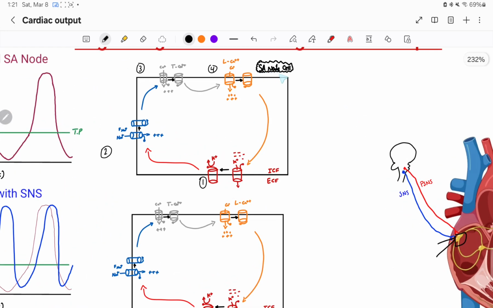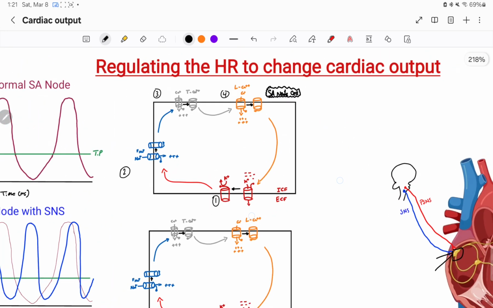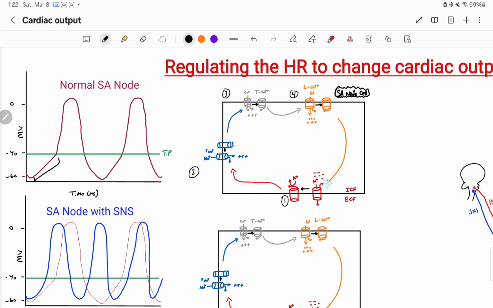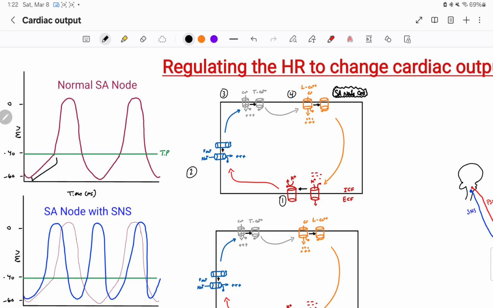So here is an SA nodal cell, just as a brief overview for you guys. We started out right over here in this pacemaker potential or slow diastolic depolarization, and we went from somewhere around -60 to about -55, and then all the way up to -40, which was our threshold potential. How did we do that? Well, here's the numbering.